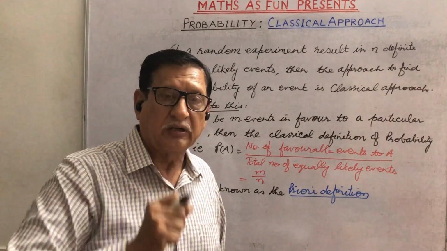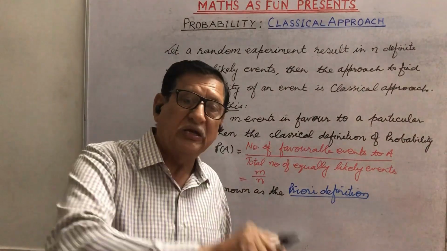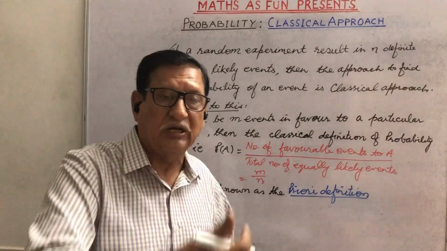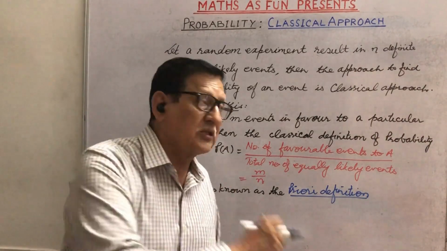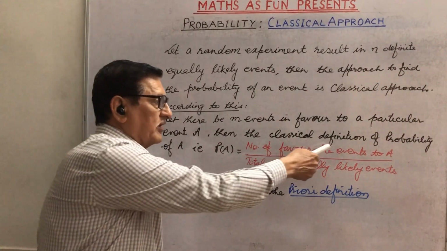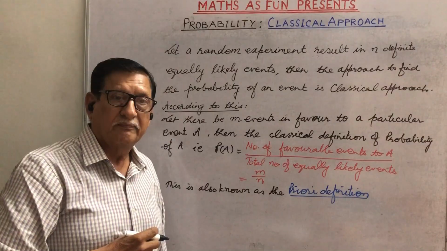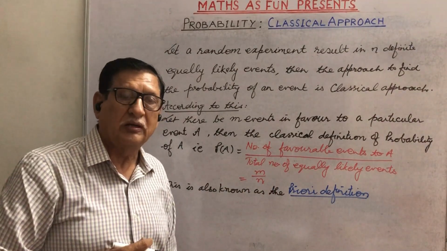Suppose there is a particular event A. Then we find how many of the events are in favor of that particular event, and the probability of A is defined as the number of favorable events to A divided by the total number of equally likely events.